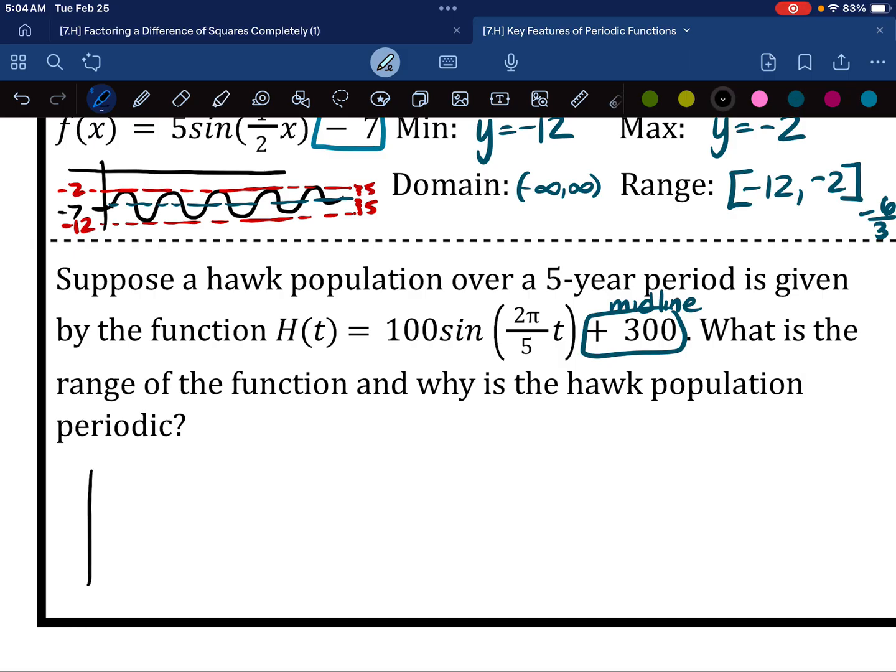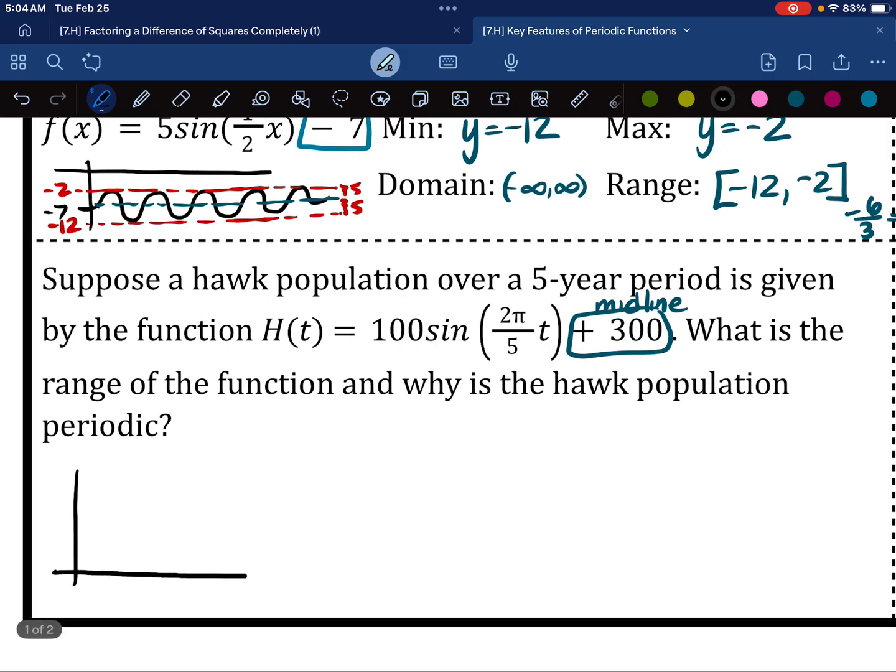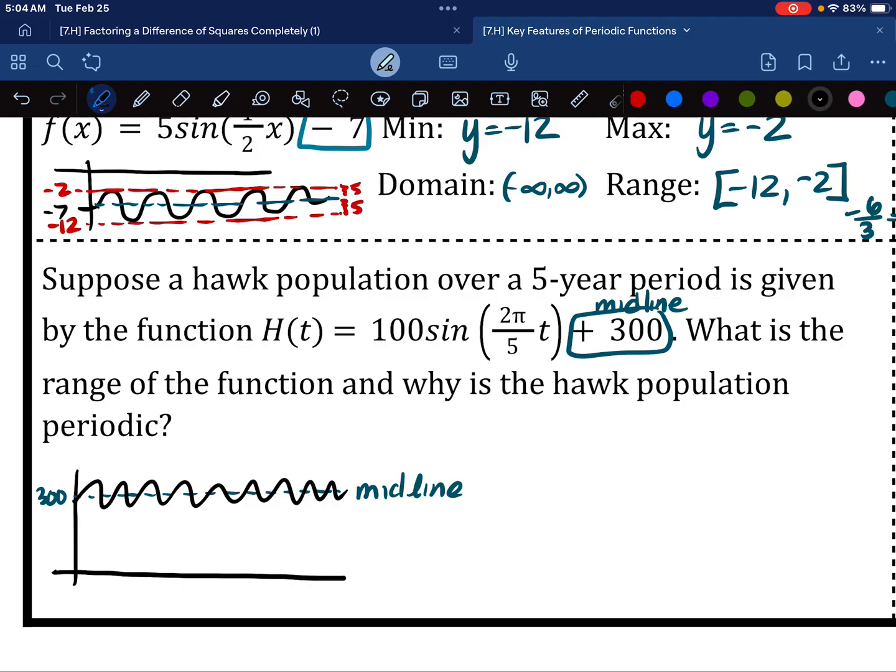Okay, so I know my little 0 line should go here. And at 300, that's my midline. So the graph's going to go woo, woo, woo, woo, woo, woo, woo, woo. We'll learn more about those woos in another section. But for now, that's where we're at, okay?